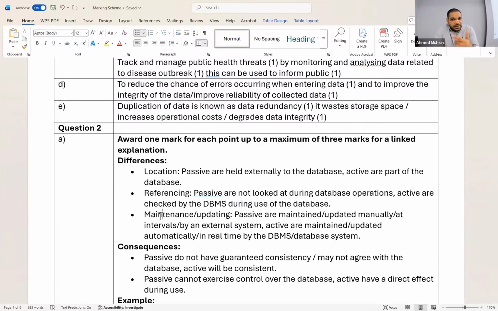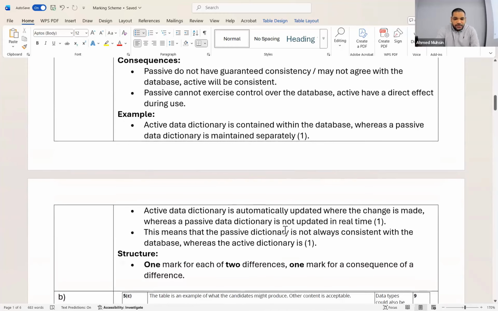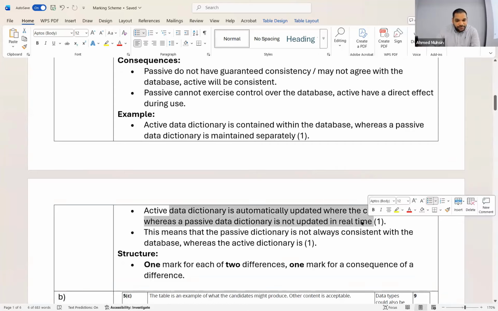Active data dictionary is actively maintained. It's a part of the database software. It gets updated regularly. Passive, you need to manually update it. Okay. So can you guys read the example over here? Active data dictionary is contained within, we said this, whereas passive is maintained separately. Active data dictionary is automatically updated where the change is made, whereas a passive data dictionary is not updated in real time.